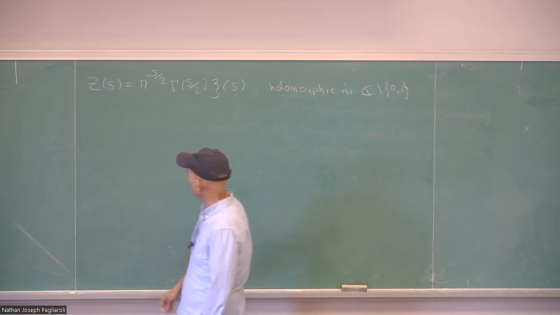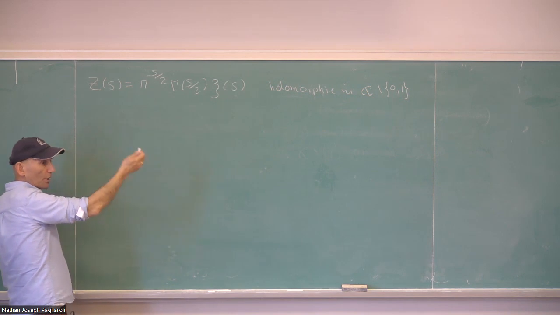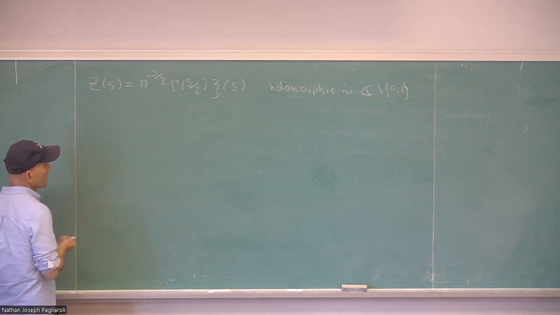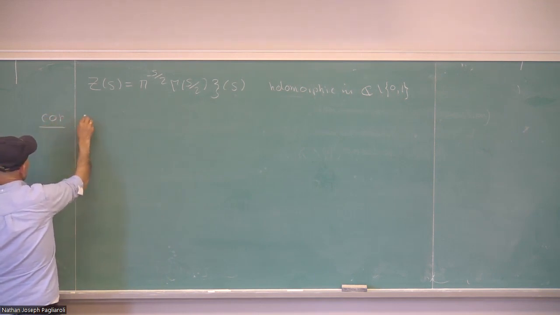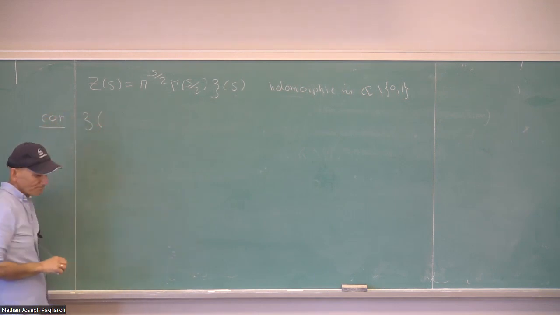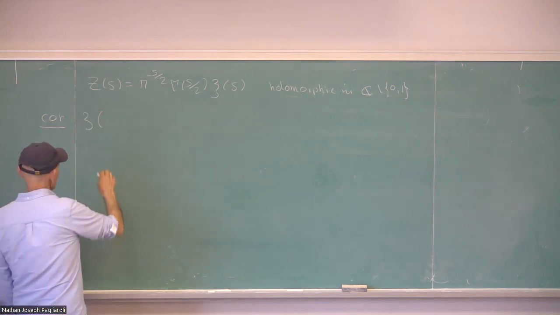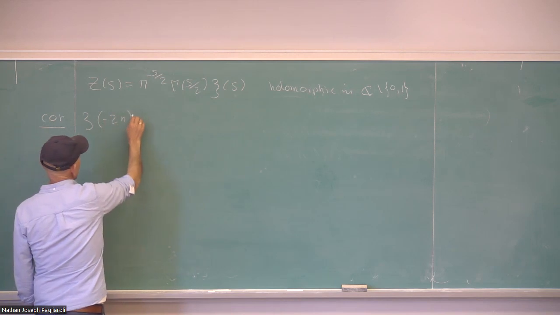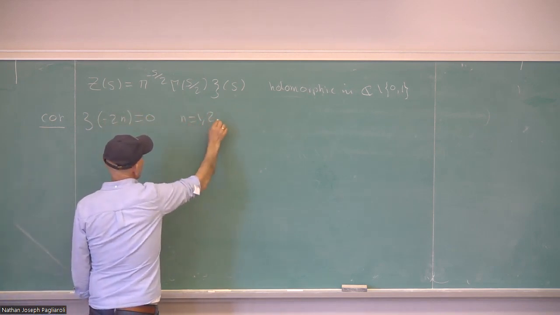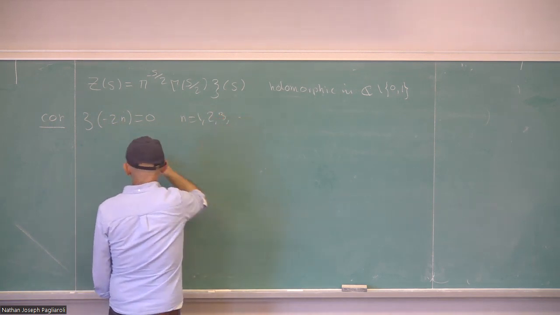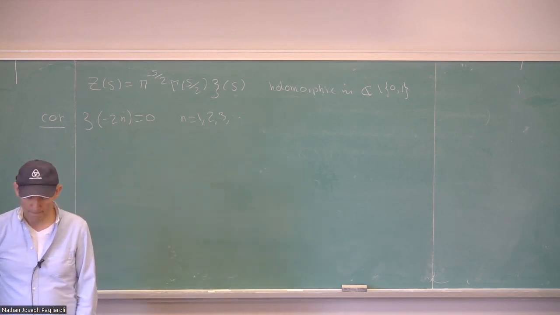Now, one corollary is that, of course, as we said, zeta can be analytically continued to the whole complex plane except 1. Another corollary is that zeta at negative 2n is 0, for n equal to 1, 2, and so on. So zeta is 0 at negative even integers.